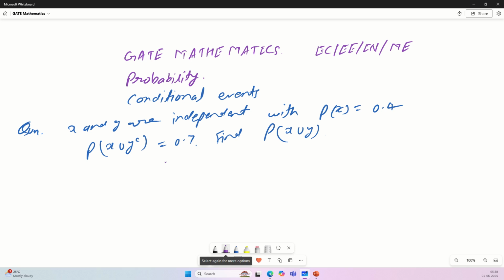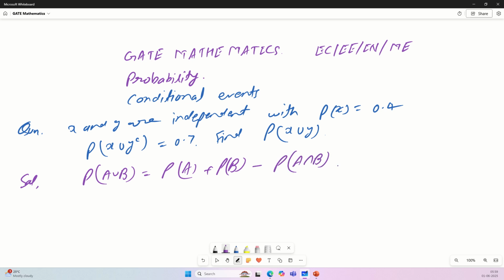So you guys already know that probability of A union B is nothing but probability of A plus probability of B minus probability of A intersection B, right?